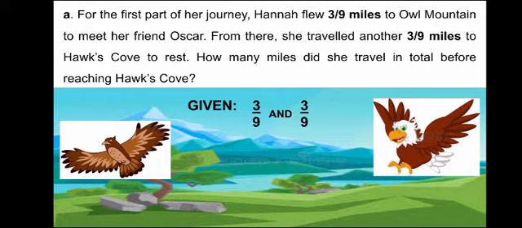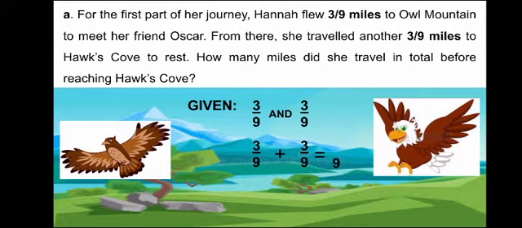Yes, okay. Since they have the same denominator, we're just gonna directly add the numbers. Here. Okay. Since they have the same denominator, we're just gonna copy the denominator 9. Then what we have left here is to add the numerators.